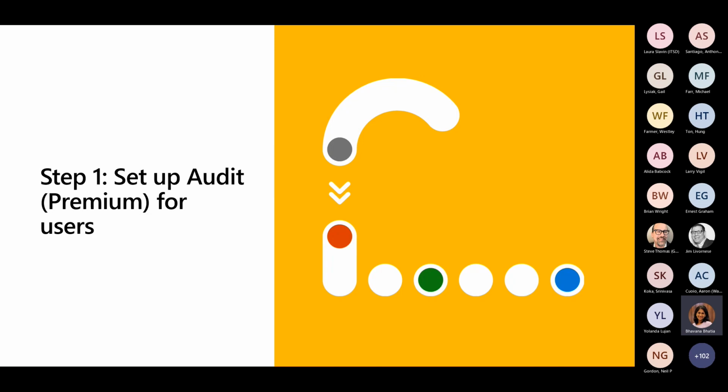So the first step is to set up Audit Premium for your users. Audit Premium requires an appropriate license assigned to the users, and also the advanced auditing app or service plan must be enabled for those users. So let's verify these prerequisite steps first.